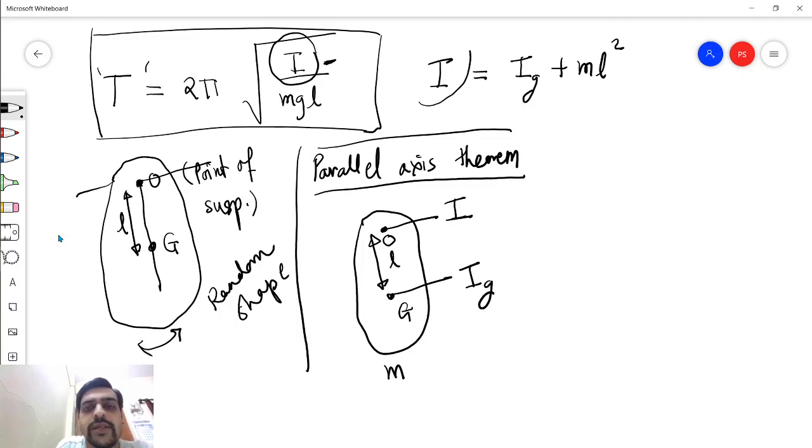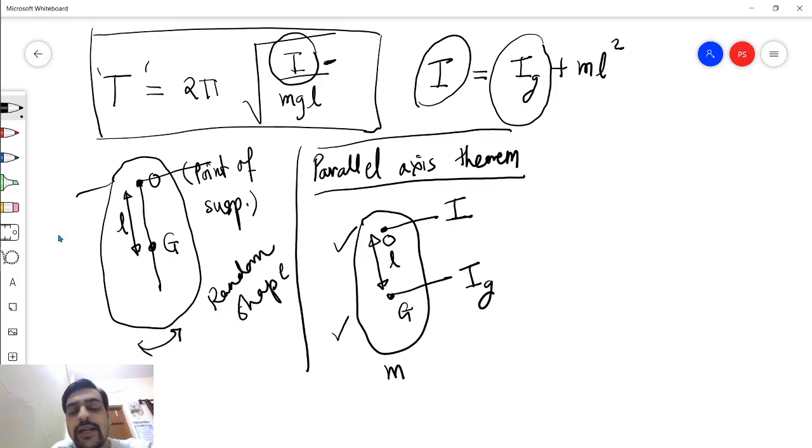So the moment of inertia about an axis passing through point O will be the summation of the moment of inertia about an axis passing through point G, that is the center of gravity, and just the product of mass of the body and the square of the distance between these two axes, which is L in this case.